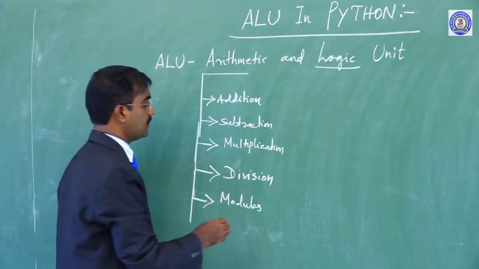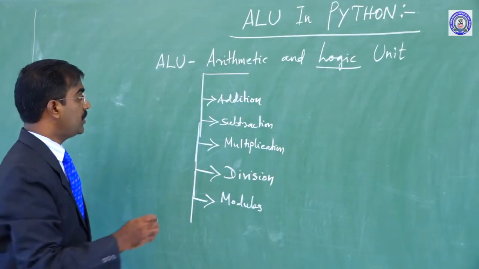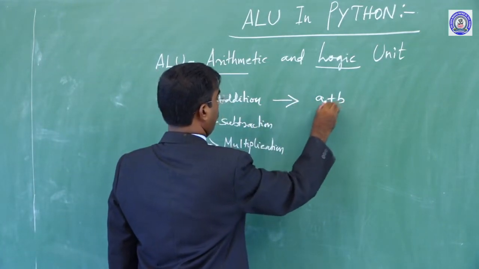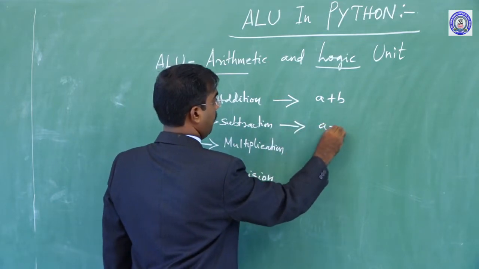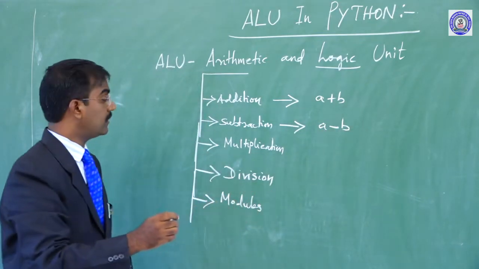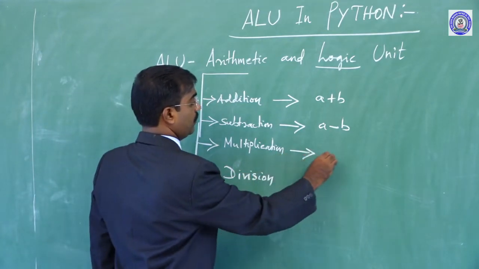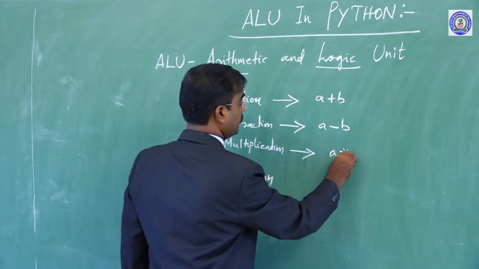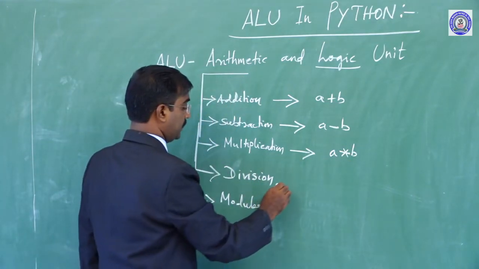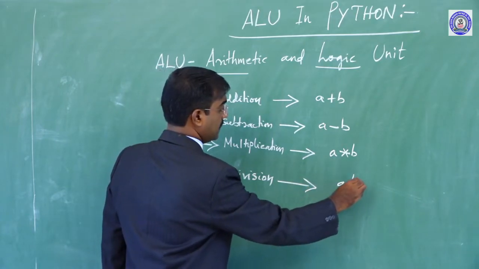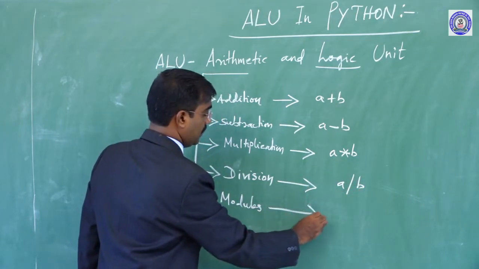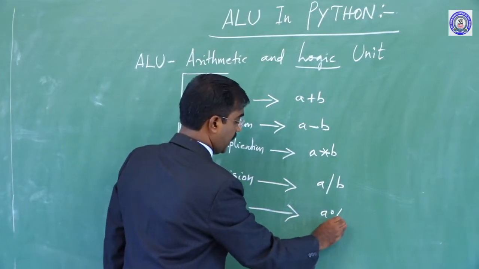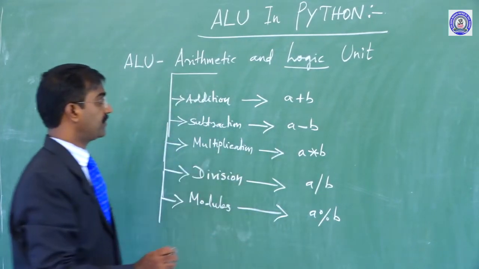Okay, here I will give you an example. Addition of two numbers means, for example, A plus B. Subtraction means A minus B. Here multiplication we know is A asterisk B, and then division is A/B or A divided by B. Modulus also we know, A modulus B. Clear?